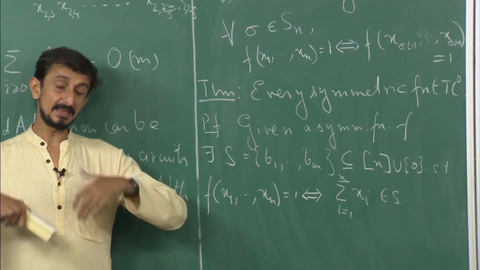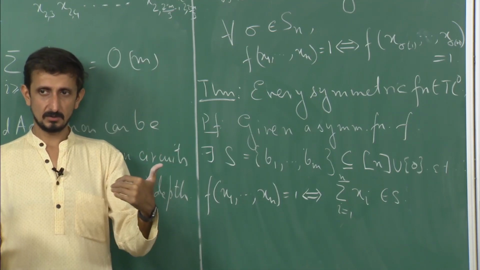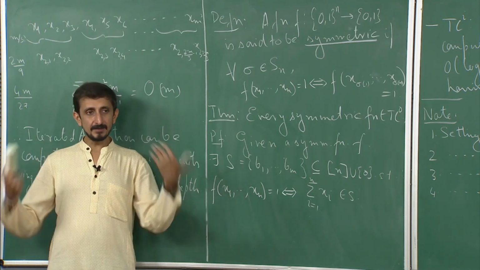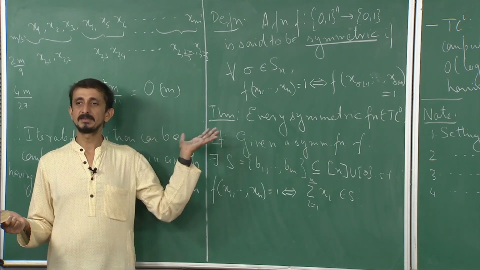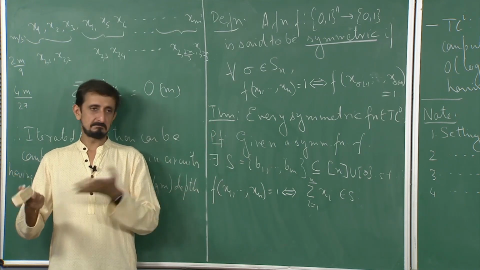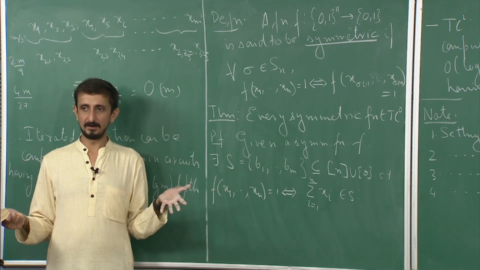But the point is that if I have one input which has 5 ones on which f evaluates to 1, then for every input which has 5 ones, f must evaluate to 1. That is by symmetry, because no matter how I permute those 5 ones, the function must evaluate to 1.